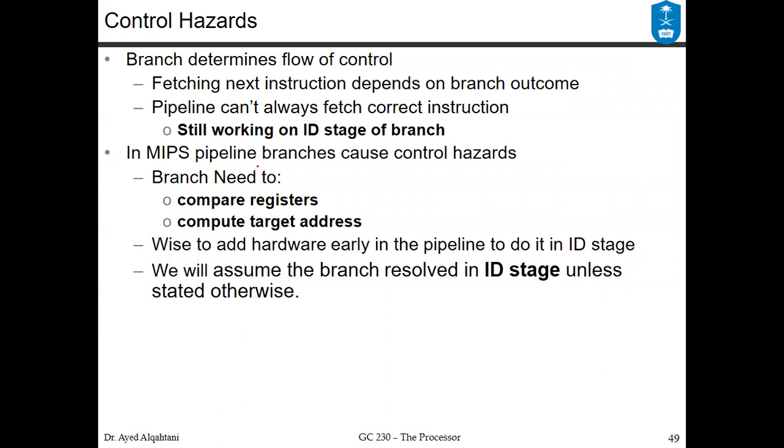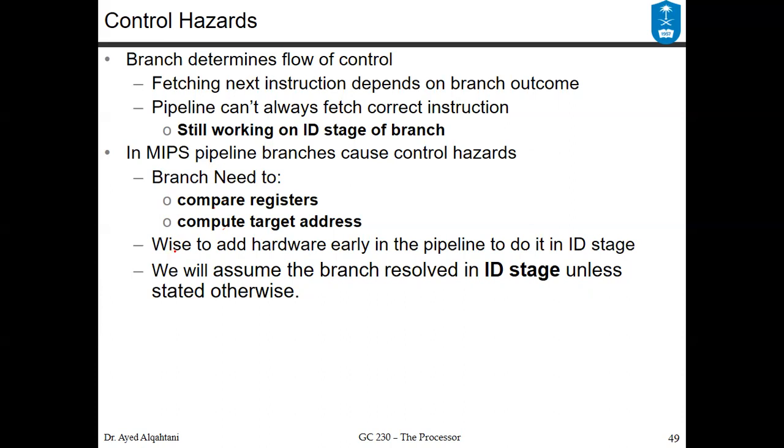In the MIPS pipeline, branches cause control hazards. And the branch causes that because the branch needs to compare the registers and compute the target address. Because it's busy doing these jobs, at the same time it's trying to execute those jobs, you can't know what is exactly the next instruction. So you need to wait a little bit until this finishes and gives you the result.